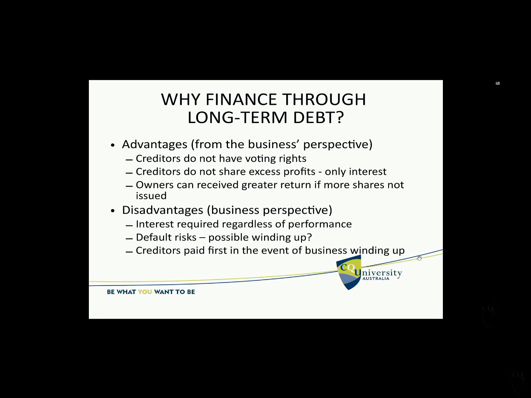Others are getting 1.5% depending on the terms. And so people are piling into the share market because the share market is giving a return of about 5%. And so borrowing money has in fact never been cheaper.